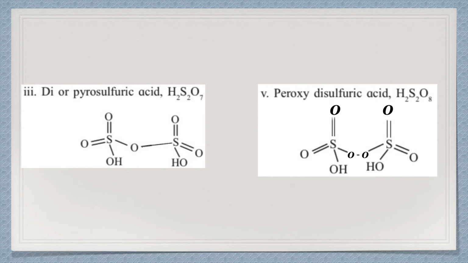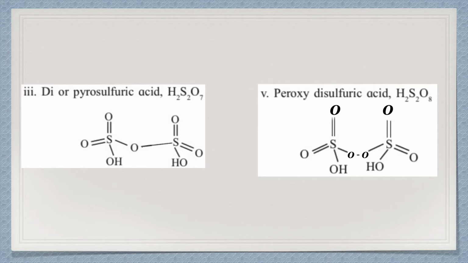The first one is disulfuric acid, also called pyrosulfuric acid, and the formula is given as H2S2O7. Now how can we remember this formula? Whenever you hear this word pyro, that means heat.